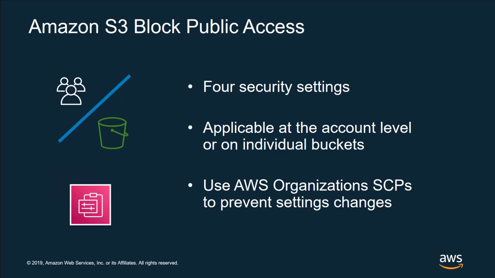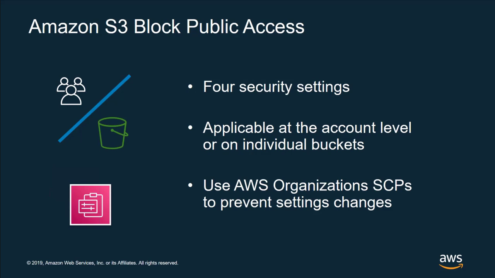When you set it at the account level, any new buckets that are created, or that already exist under that account, are all going to have block public access applied. So we really do recommend you set it at the account level, and ideally you would have a separate account for any buckets that do have viable public use cases.